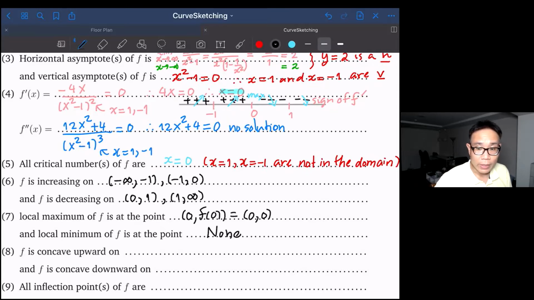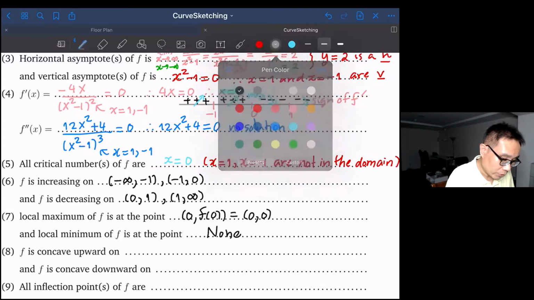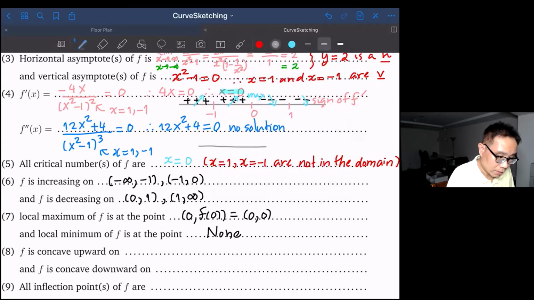And you're going to have to check the concavity. So you're going to have this real number line again, and you're going to plug in the points negative 1 and 1.